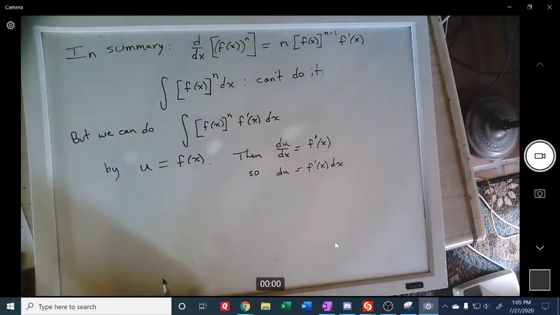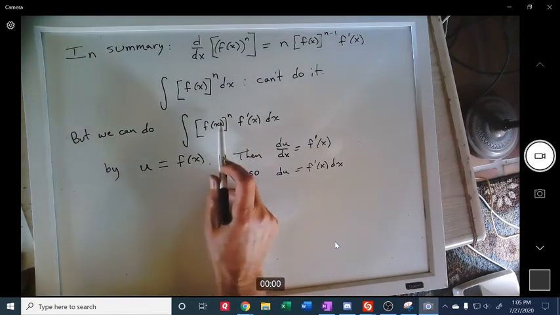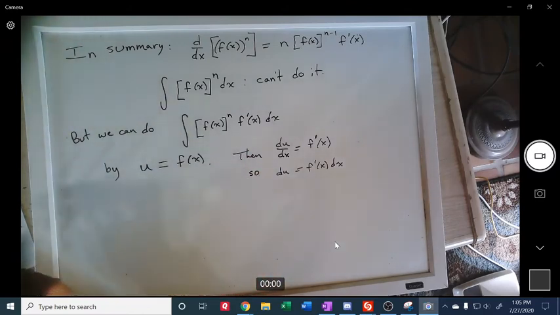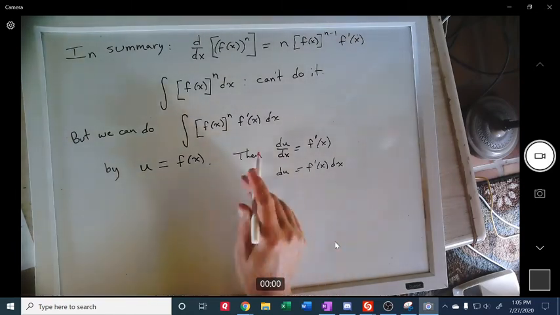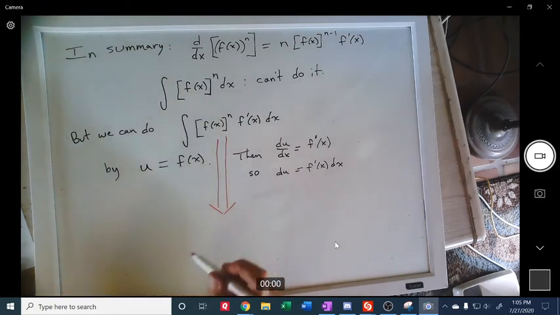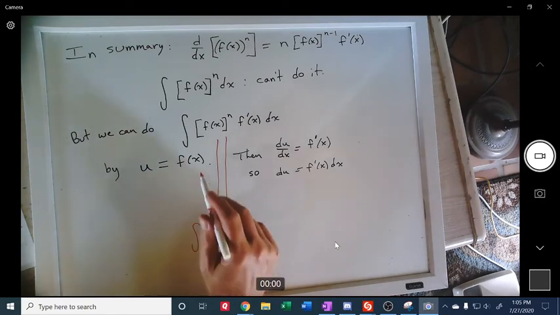Then we're going to go back to this problem and rewrite it all in terms of u. So when you have all this available to you, this becomes a new integral.